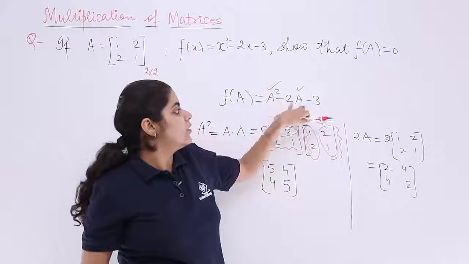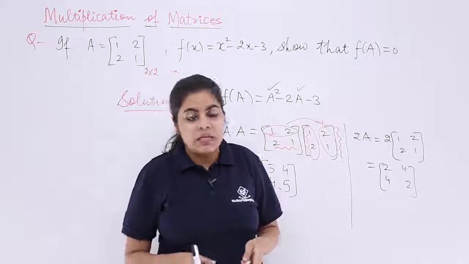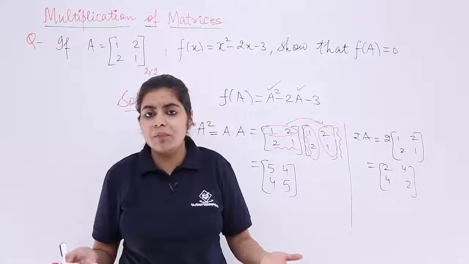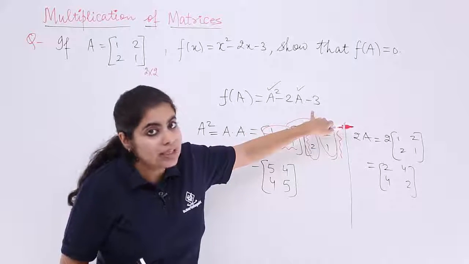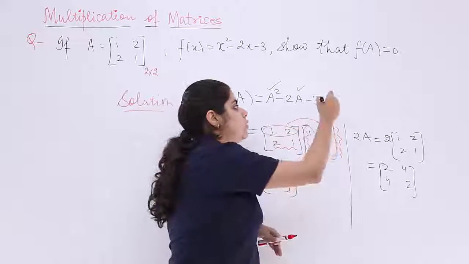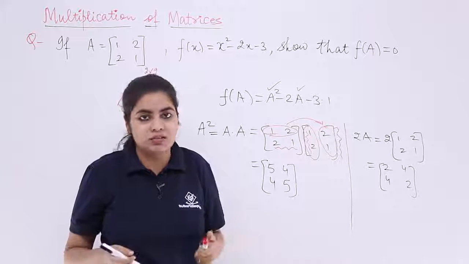We have this, what about 3? 3 is actually a number. Subtraction and addition are done matrix to matrix, not of a number in a matrix. So, I need to treat this as a matrix. Treating this as a matrix is possible when 3 is modified as 3 into 1, because 3 ones are 3.